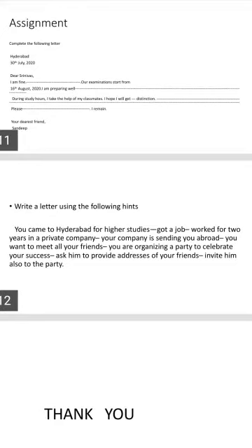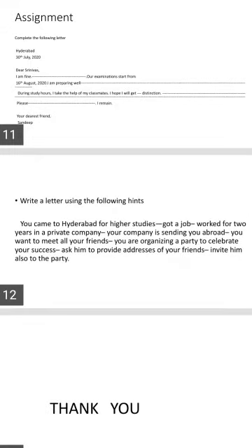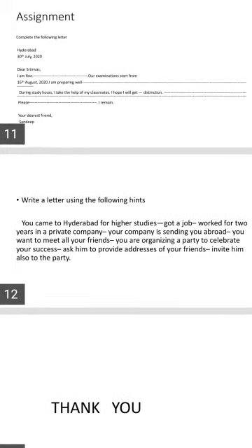Srinivas, I would like you to meet my all friends, acquaintances. I personally invite you to join us all on the 30th August to celebrate a party in success of my going abroad. I hope you will definitely come to Hyderabad.